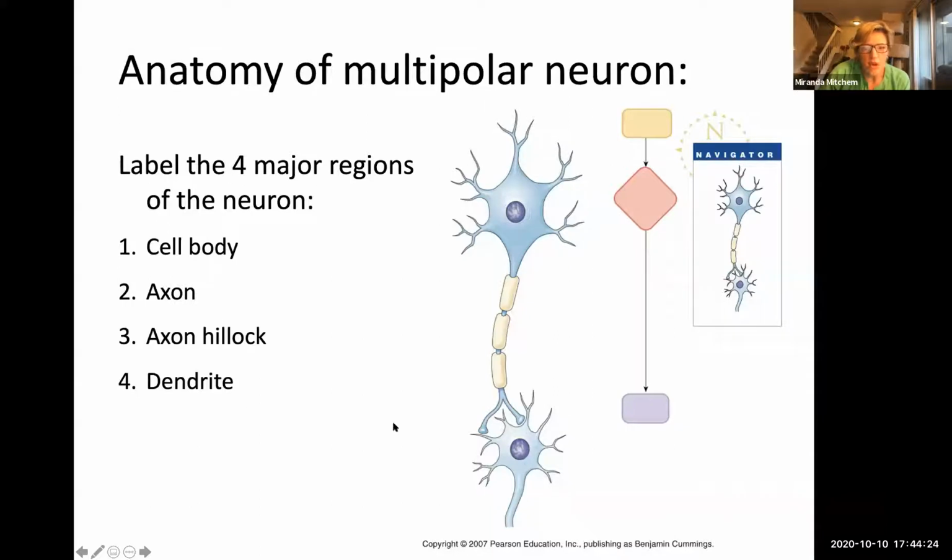The dendrites are really the receiving part of the next cell in the process. So these are the extensions. And we will see a similar structure with one of the immune system cells, one of the white blood cells, that's called the dendritic cell because it has a similar morphology. It has a similar shape.